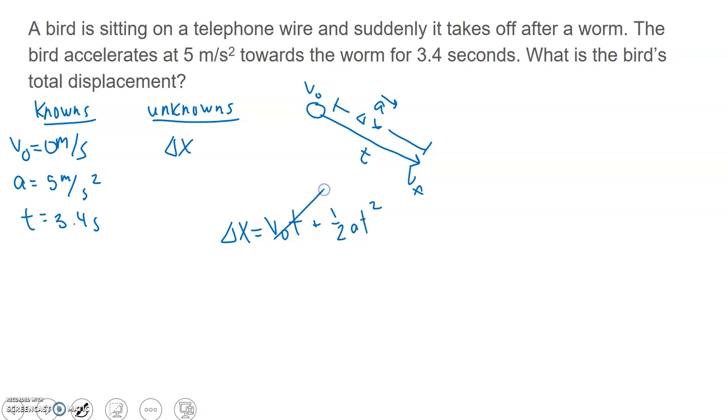The initial velocity is 0, so that term can be eliminated. We put in our known values. No algebra needs to be done.